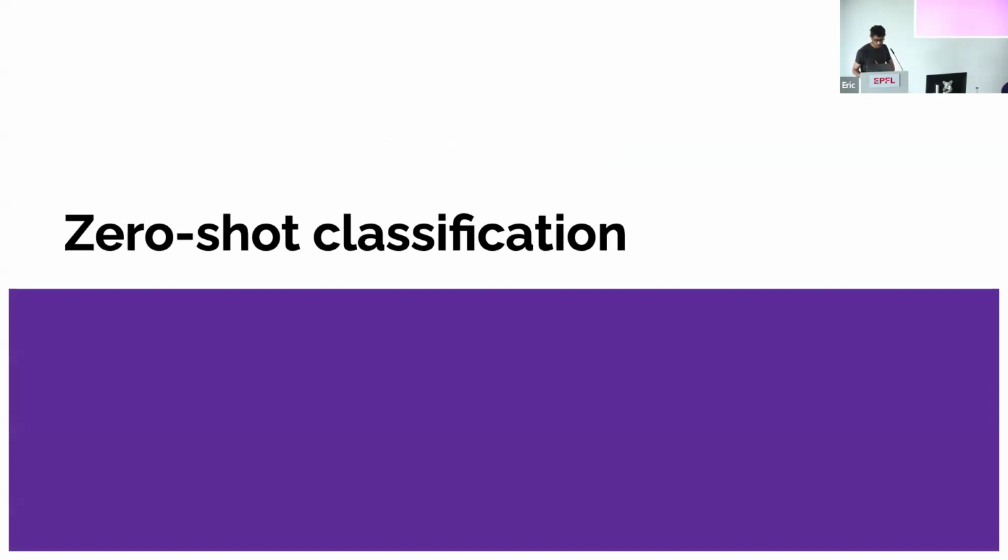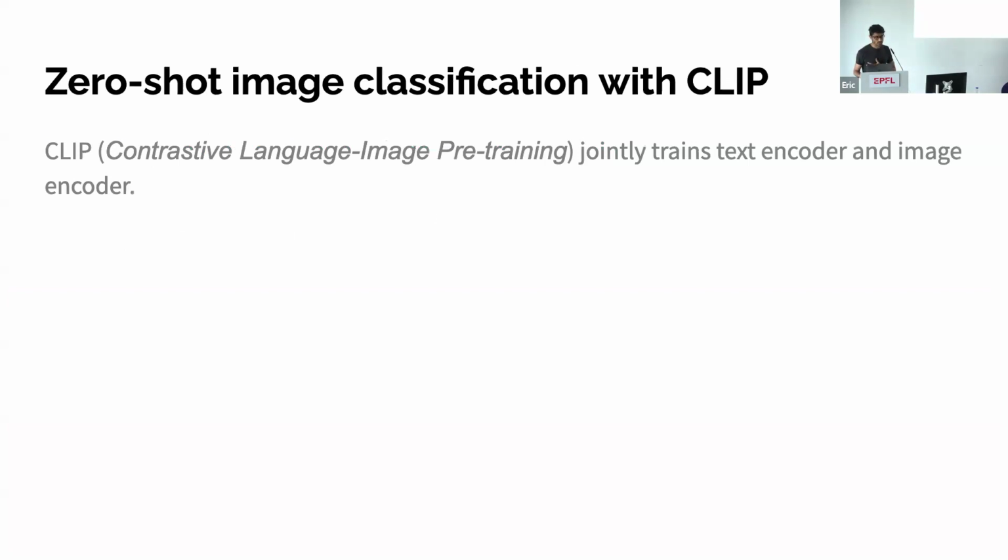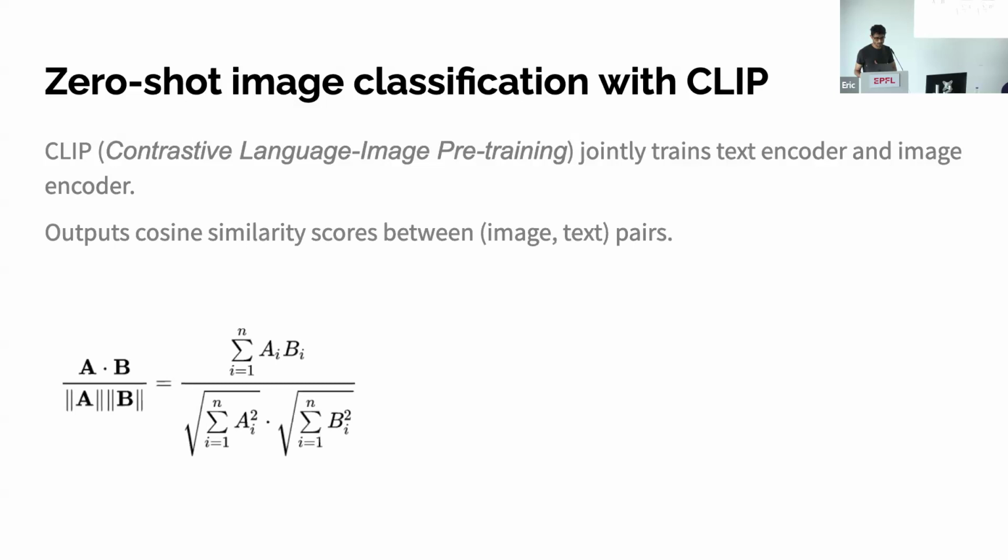I'll say some quick things on zero-shot classification, which I think you already saw a bit before. You guys saw this CLIP model already? Yes? Okay. Essentially, this has been trained to produce both a text encoder and an image encoder, which can work in a similar space to compare them. In that space, they use cosine similarity to see if an image is close to a text.